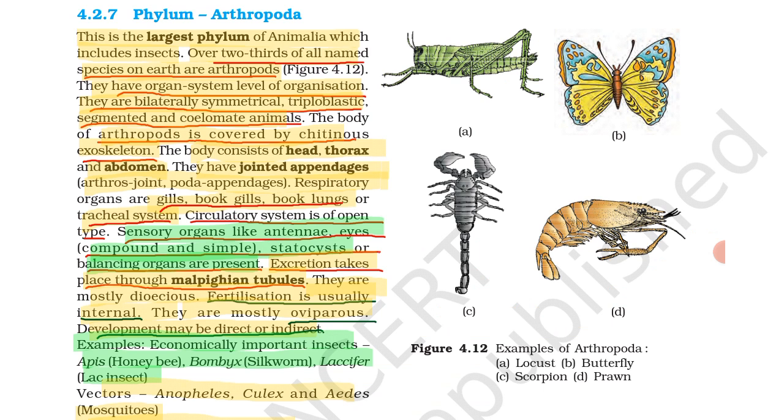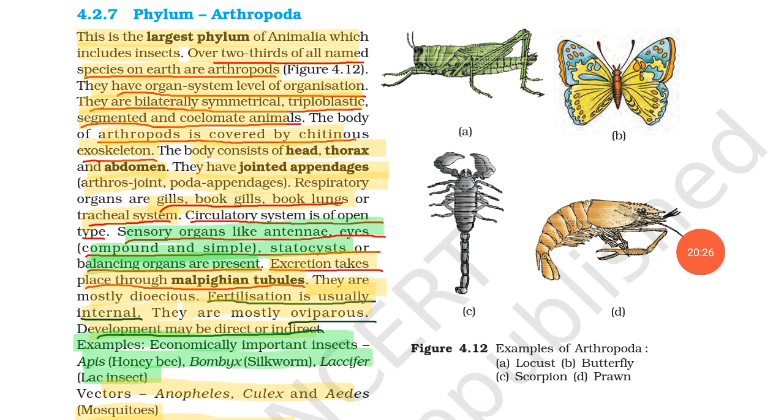Then fertilization is usually internal. They are mostly oviparous. Oviparous means what? They lay eggs, so they are called oviparous. And what is meant by viviparous? Viviparous means the young ones are directly given birth.